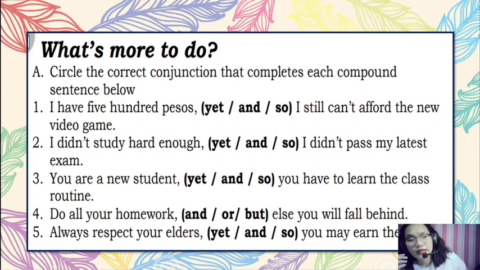Okay? Another example so that you can easily understand the compound sentences showing problem and solution. Number 2: I didn't study hard enough, blank, I didn't pass my latest exam. So now, what do you think is the problem here in the second sentence?